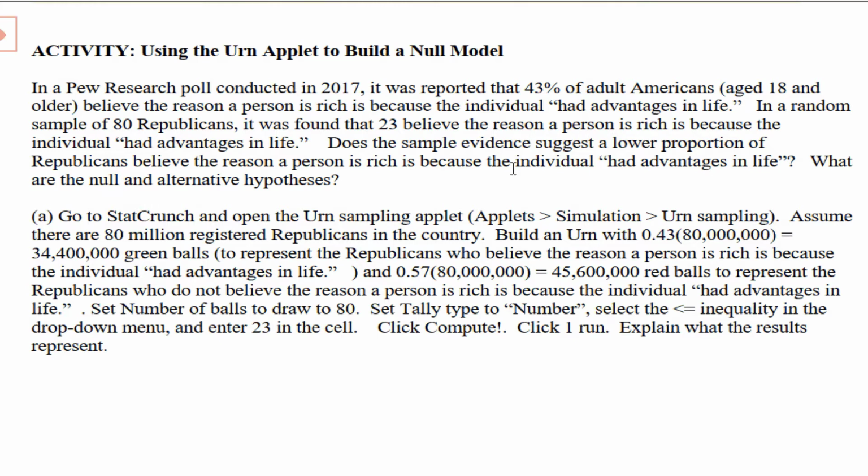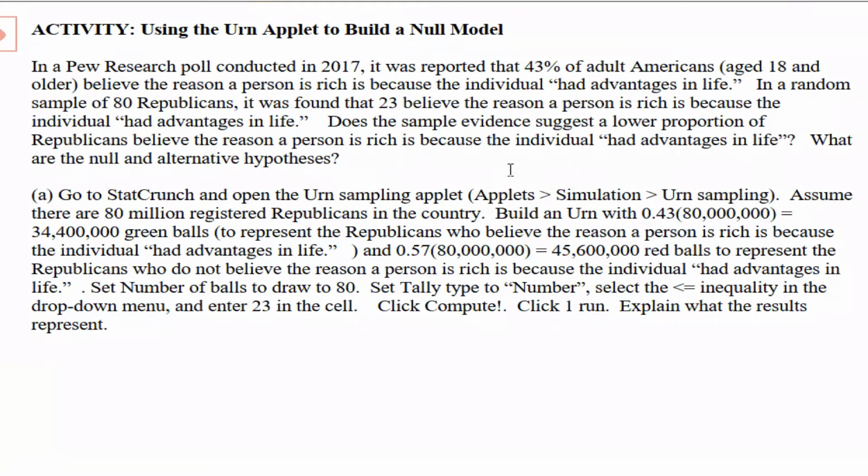In a random sample of 80 Republicans, it was found that 23 believe the reason a person is rich is because the individual had advantages in life. Does the sample evidence suggest a lower proportion of Republicans believe the reason a person is rich is because the individual had advantages in life?